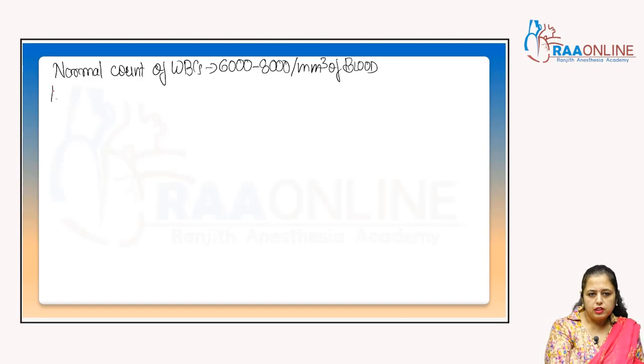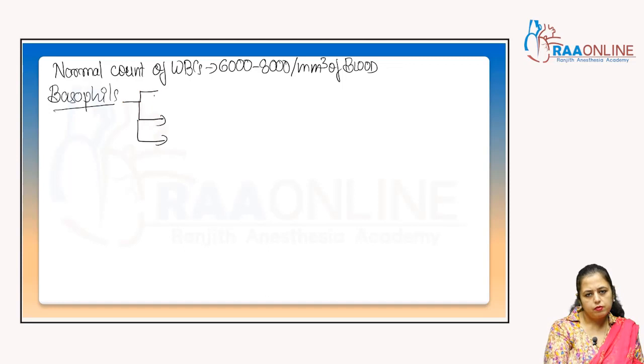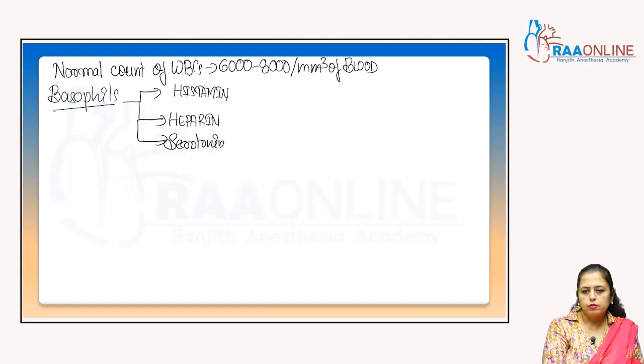In basophils, basophil secretes three kinds of substances: histamine, heparin and serotonin, right? Histamine, heparin and serotonin.